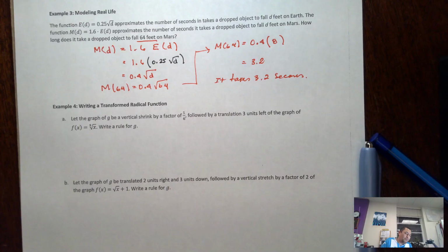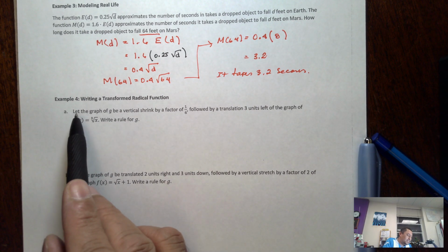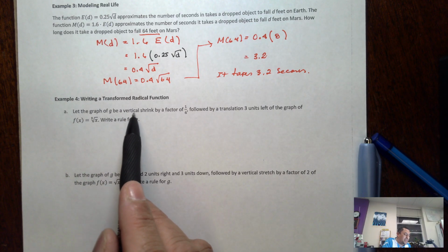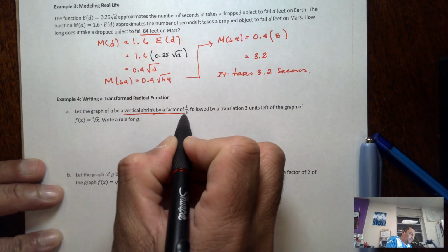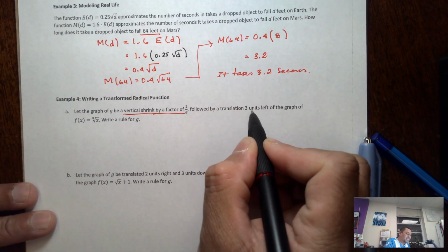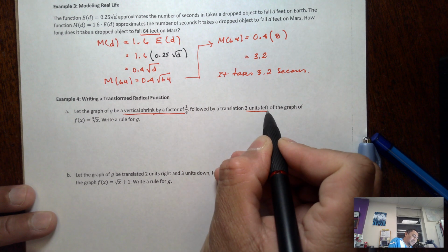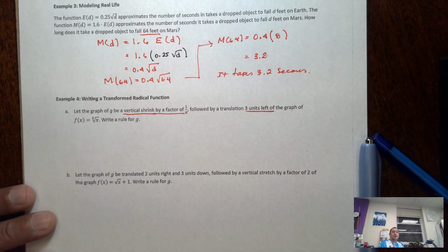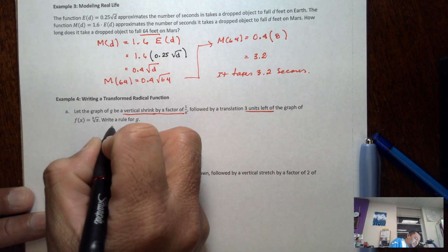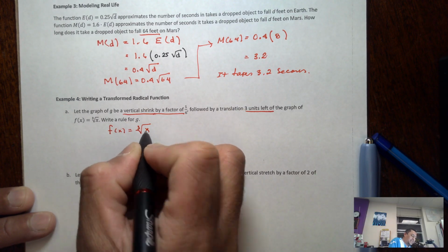Now, example 4, we're going to write a transformed radical function. Let the graph of g be a vertical shrink by a factor of 1/6, followed by a translation 3 units left of the graph of f of x equals cube root of x. Write a rule for g. The parent function is f of x equals cube root of x.